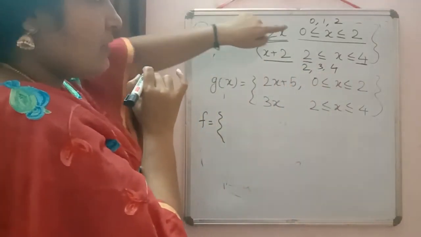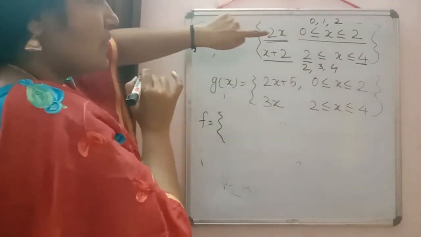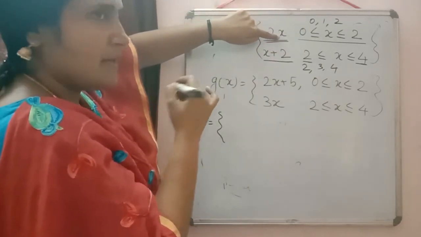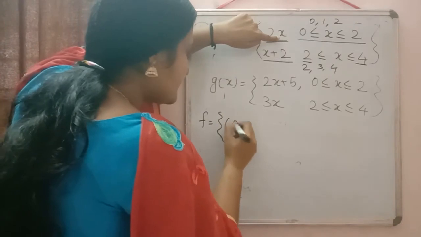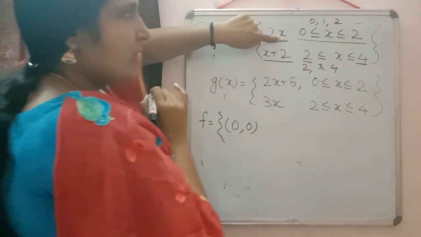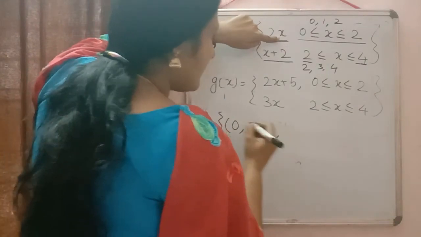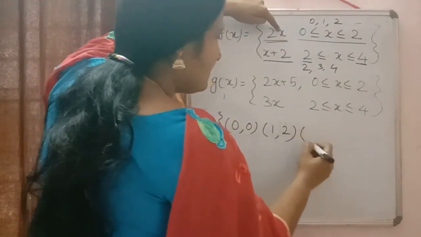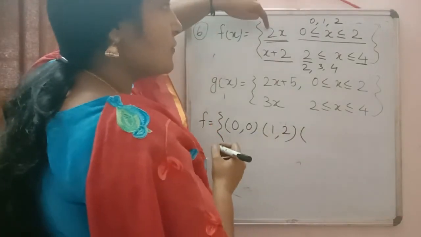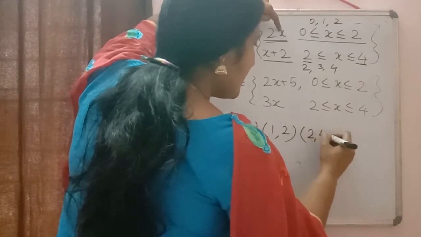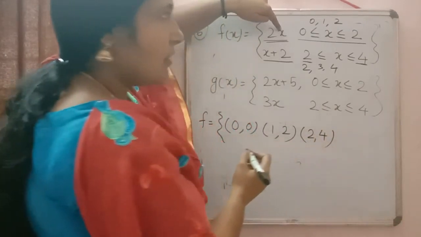Now, if x is equal to 0, f of x is equal to 2x, so 2 into 0 will be equal to 0. So if x is equal to 0, f of x is also 0. Next, if x is equal to 1, then f of x is equal to 2 into 1, 2. Then when x is equal to 2, f of x will be equal to 2 into 2, 4. So 2 comma 4.